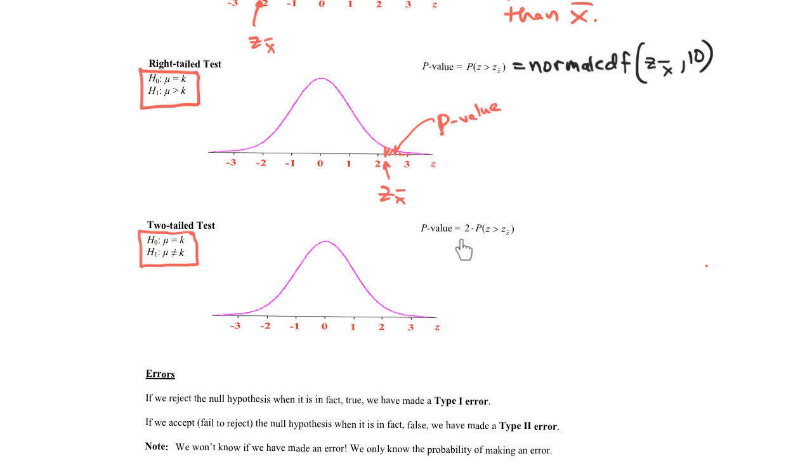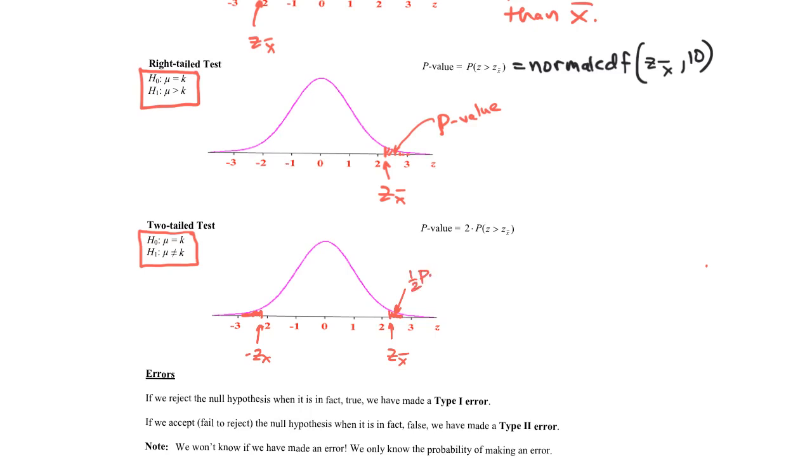And it's because of this. So what we'll do is we will end up getting a z-score, just like normal. But this time what we're going to do is we're going to put the positive z-score here, and there's going to be a negative z-score over here. It's going to be the same z-score, but the opposite sign, negative z sub x bar. So the p-value is the area under the curve, so this means this is half of the p-value.